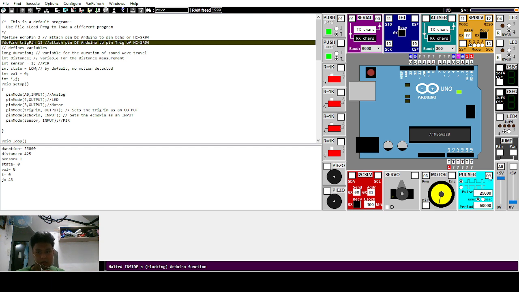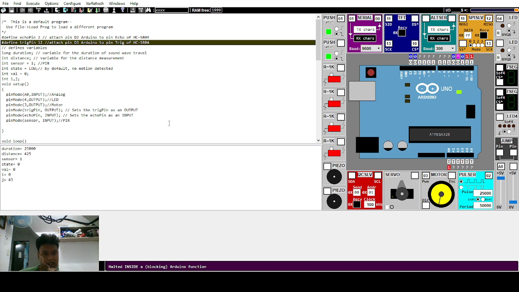And it is done with this pulse in over here, and duration is just a variable. Then we initiate distance, another variable for distance measurement. Next is the initiate sensor, which is located in pin 1. This is the PIR sensor. And we have the initial state, that is a junk code.